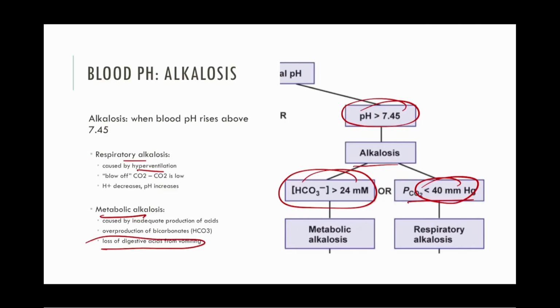Vomiting will cause metabolic alkalosis because you're losing a lot of hydrogen ions in the vomit as well, your gastric acid juices. So all the hydrogens are leaving, you're alkalotic. So that's how you figure out alkalosis. Metabolic, it's a bicarb derangement. Respiratory is a CO2 derangement.